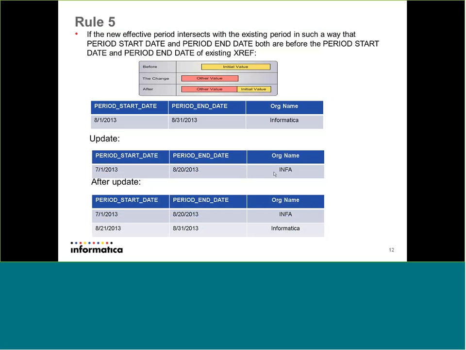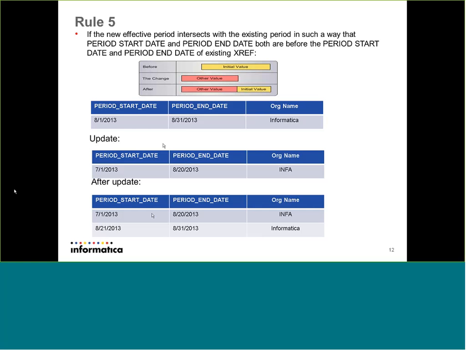So when I have this update as Infa, the cross-reference will be segregated as from 1st of July till 20th August, the value available to the business should be Infa. From 21st, business as usual, whatever we had earlier, it has to retain. From 21st of August to 31st August, it should retain Informatica.